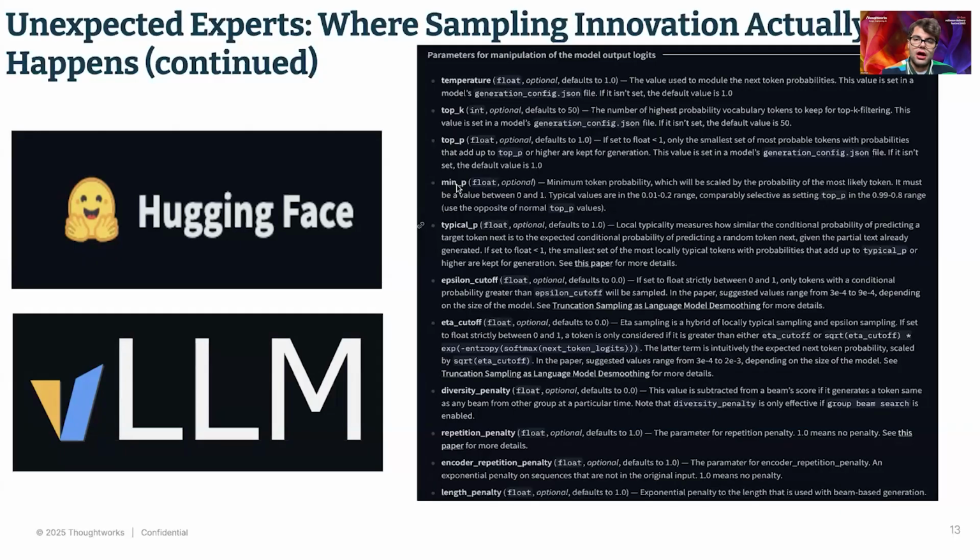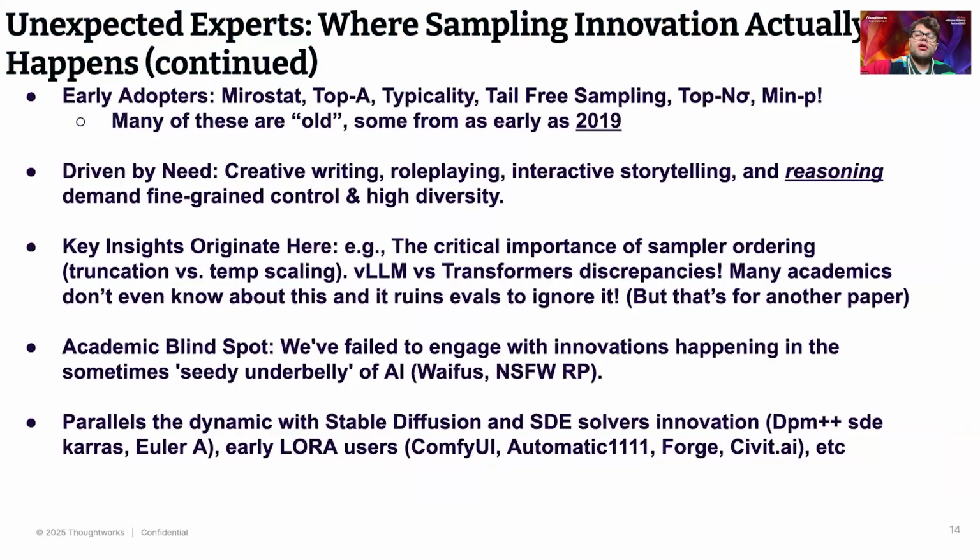So these communities discovered crucial details that academics missed, like the fact that the order of applying things like temperature and these truncation samplers matters. I haven't even discussed this intricacy, and it's maybe too much complexity now to go deep in it, but this is something that the vast majority of academia ignored in such a way where all reproducibility is gone now.